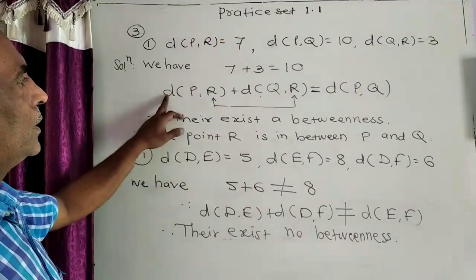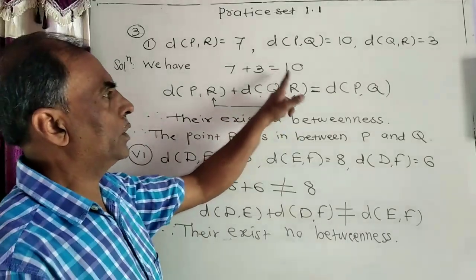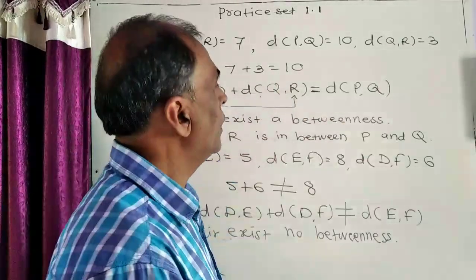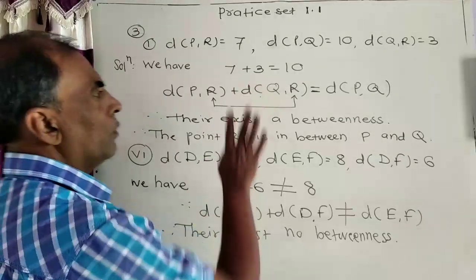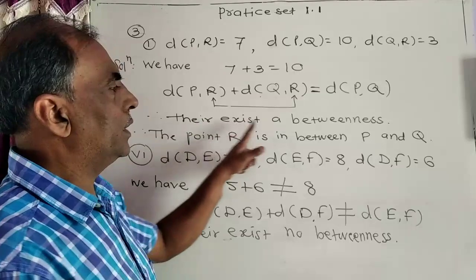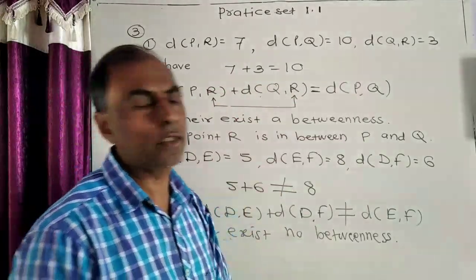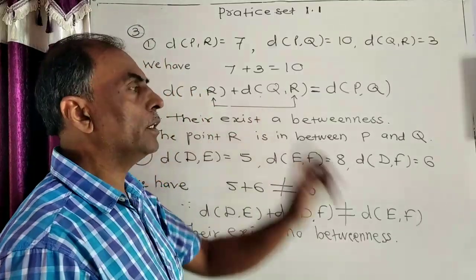What is 7? Distance PR. Plus what is 3? Distance QR, and 10 is distance PQ. So we observe that the sum of the two small distances is equal to the greater, so we write there exists a betweenness.